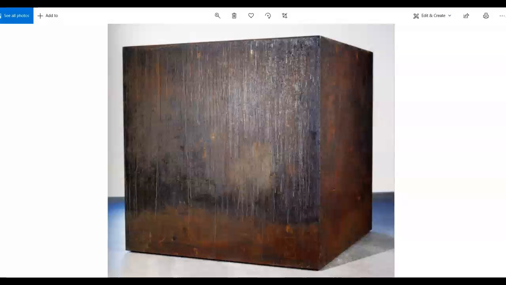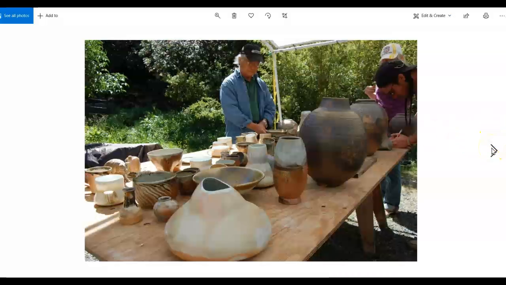But in some works, it's not so obvious. For example, pots. You see here a table of thrown ceramic forms. And the forms are basically the mass, the shells, enclosing an empty space.